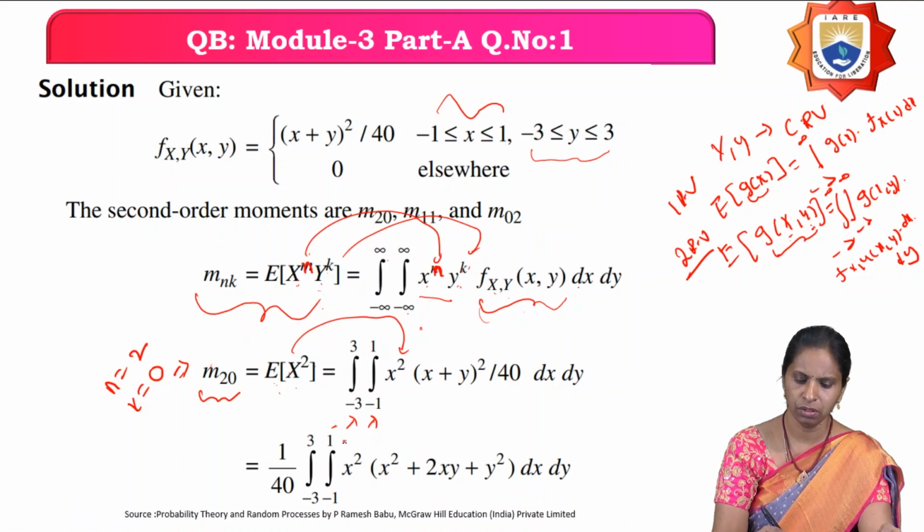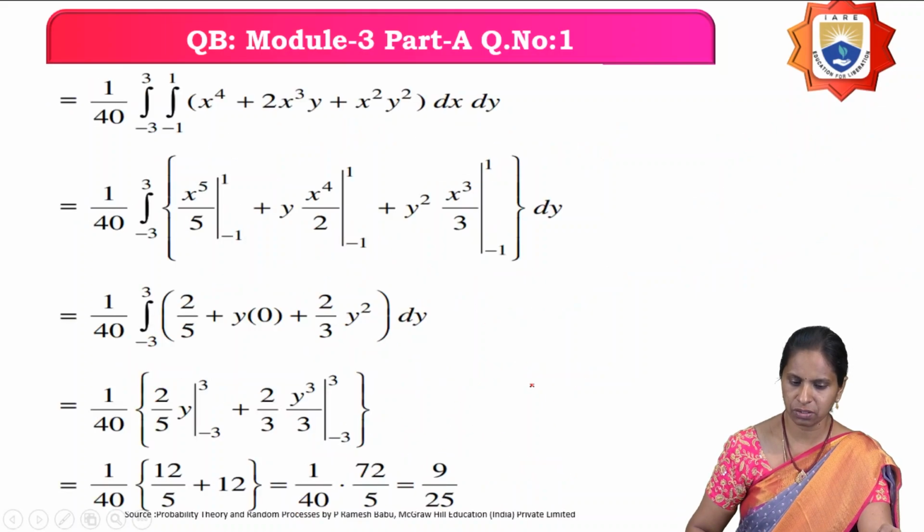Now 1 by 40 is a constant, so you can bring it outside. Then 1 by 40 into the integration, y from minus 3 to 3 and x from minus 1 to 1, x square into the a plus b whole square formula, a square plus 2ab plus b square, like that x square plus 2xy plus y square, into dx into dy.